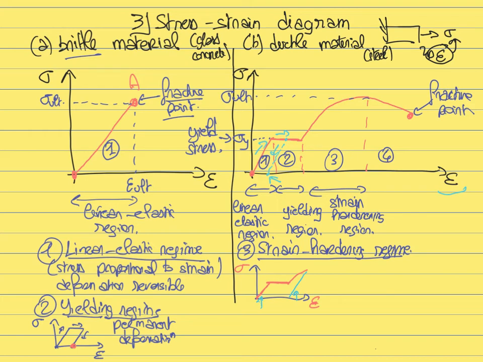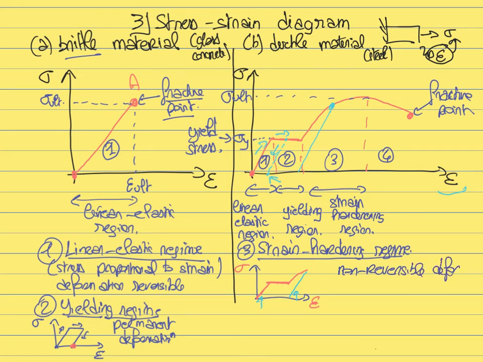If you go up to this point and then unload the material, the stress will decrease with the same slope as during the initial loading, the linear elastic domain. So this tells us that once you are in the strain hardening regime, in the same way as in the yielding regime, the deformation again is non-reversible.